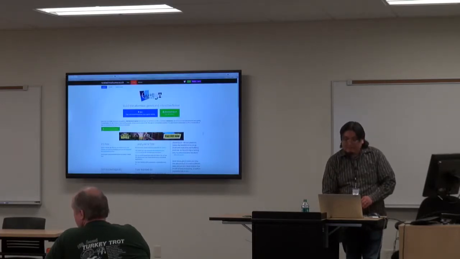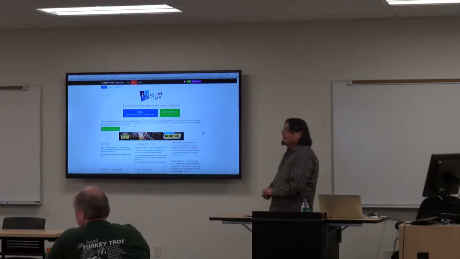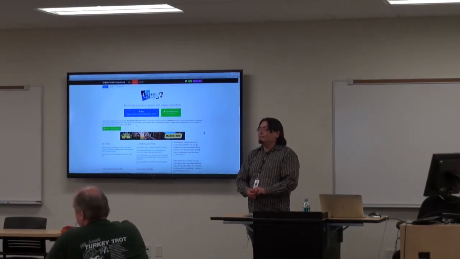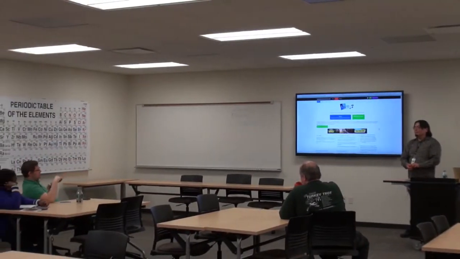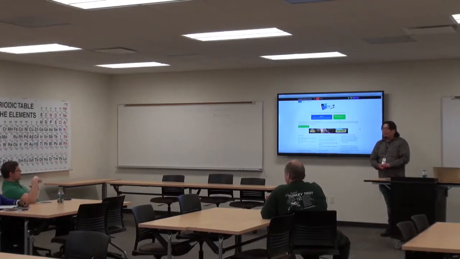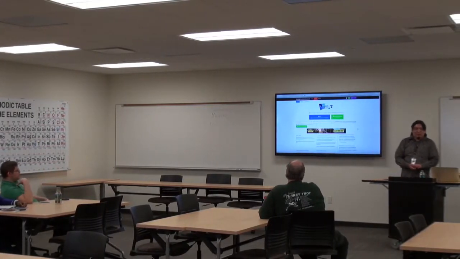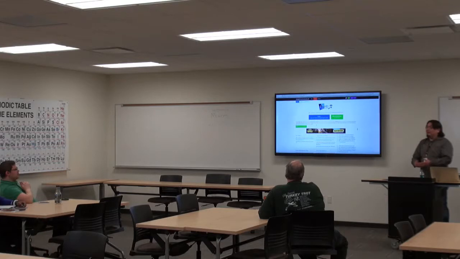Can it remember choices that you've made in the past? Let's say you have a story where you're making different decisions, and if you had picked up the rock, then you'd be able to do something else. Will it remember that? Is there any kind of database attached? The question is, does it remember what you've done in the past in the game? And the answer, I believe, is yes.